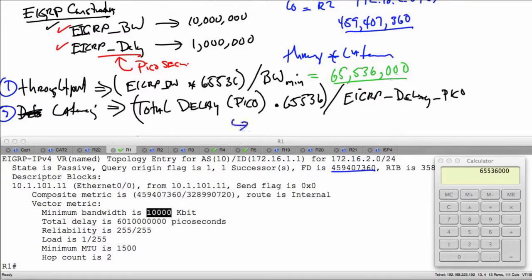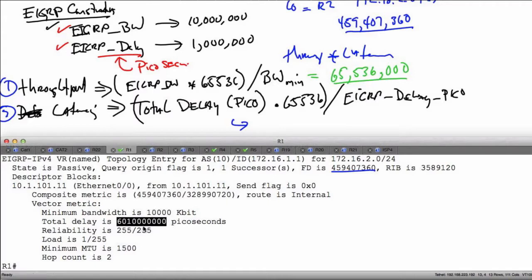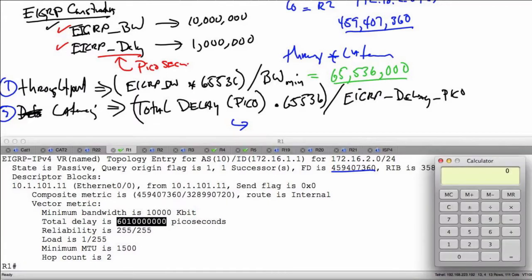All right, now we want to figure out what's going on with our latency. In the confines of latency, we take our total delay in picoseconds, which is this value right here. That's 601, 0, and then 6 zeros. Let's make sure that's right. Yes, it is. Then we multiply it by 65,536, and divide it by our constant, which is 1 million.